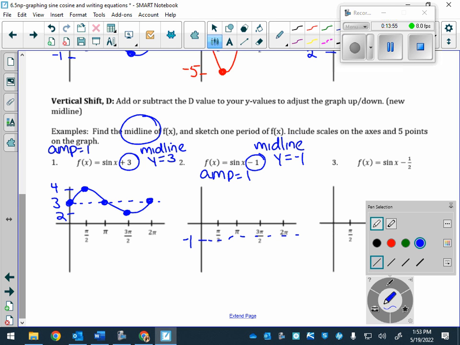So negative 1 plus 1 is what? 0. Negative 1 minus 1 is negative 2. So now we're between the bookends of 0 and negative 2. Where do we start? Negative 1. Then where? 0. Then?